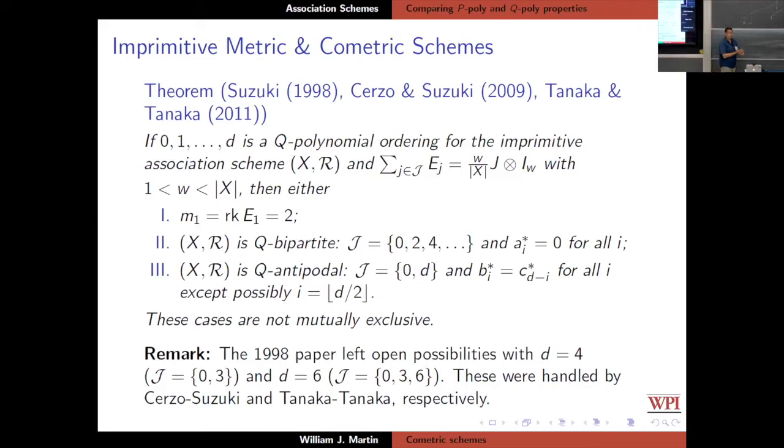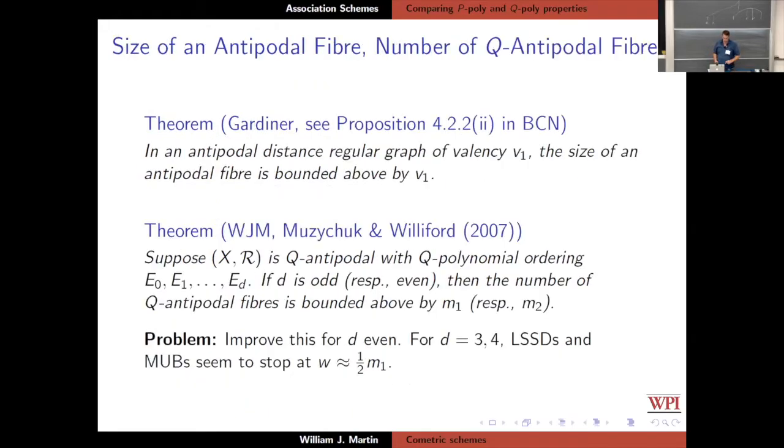Imprimitive is either Q-bipartite or Q-antipodal. And the primitive things should all be P-polynomial if the class number grows. So there's sort of a navigable space here, and this got me really excited, and we got excited about studying these things and composing a list of examples.